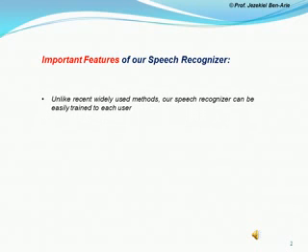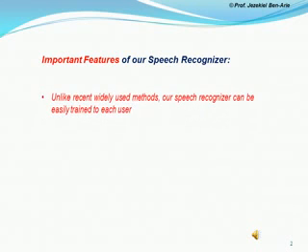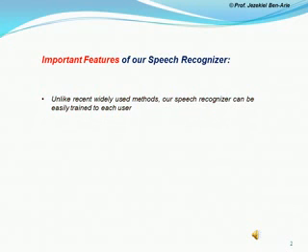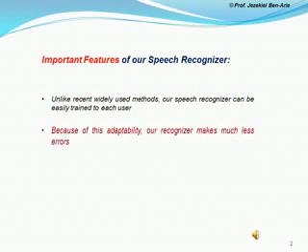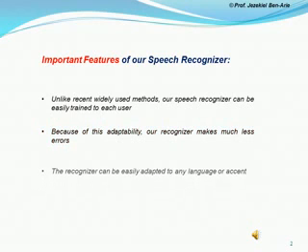Here we want to mention some important features of our speech recognizer. At first, our speech recognizer can be easily trained to each user, unlike recent widely used methods. Because of this adaptability, our recognizer makes much less errors.